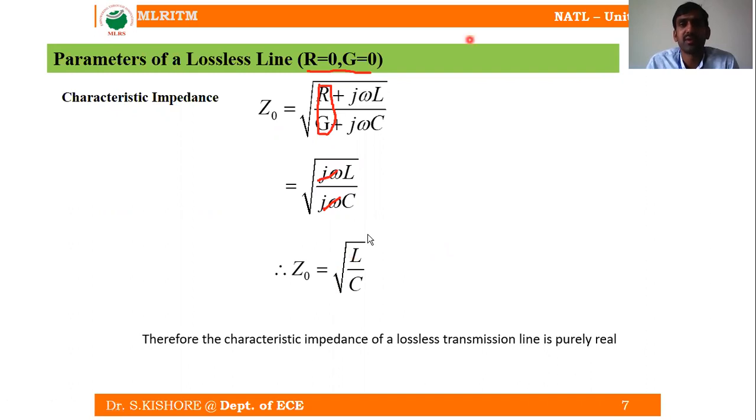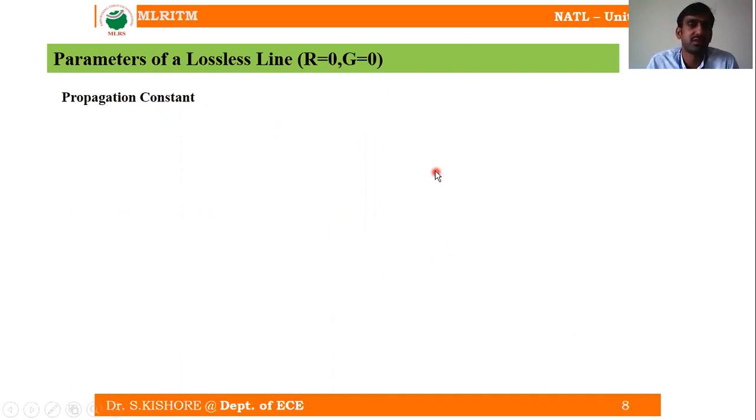Similarly, let us look into the other parameter, that is the propagation constant.